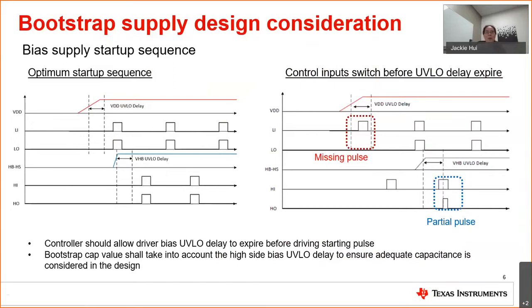So when the controller starts PWMing and providing the PWM input to the driver, you need to take into account the UVLO threshold and the delay time. You do not want the controller to start inputting the signal when the power supply is not ready yet. Otherwise, you may have an issue of a missing pulse or a partial pulse on the output.